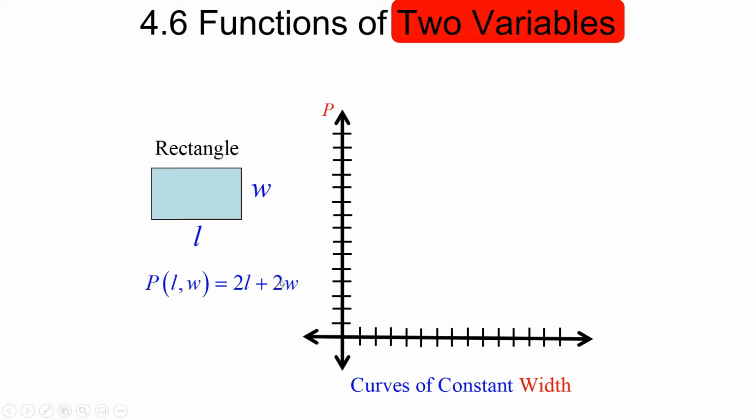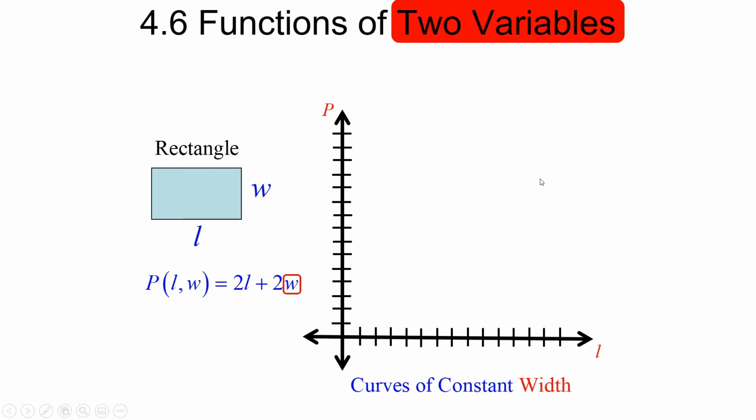Well, since I'm going to be given some values for the width of the rectangle, that means my only variable left will be length as an independent variable. So I'm going to put the length on the horizontal axis and the perimeter on the vertical axis. So this has to be an L right there. Now, keep this simple, you guys.